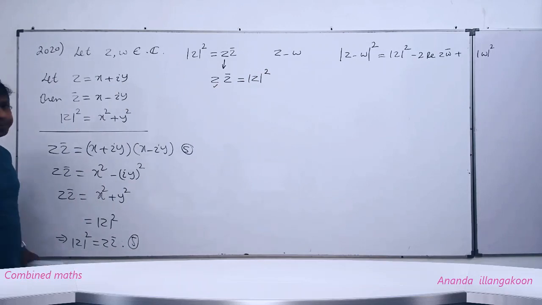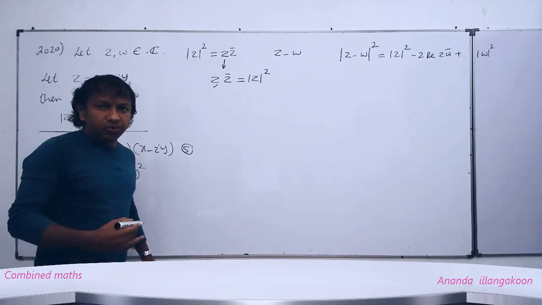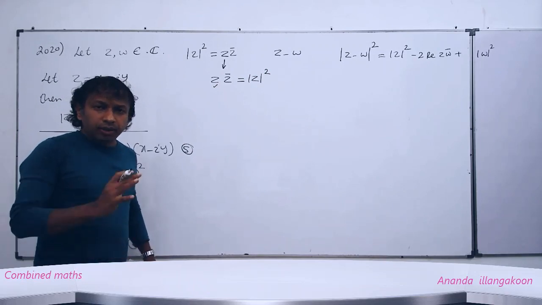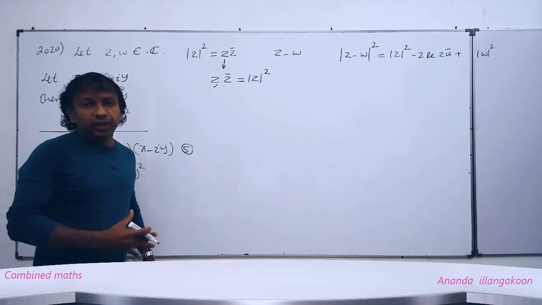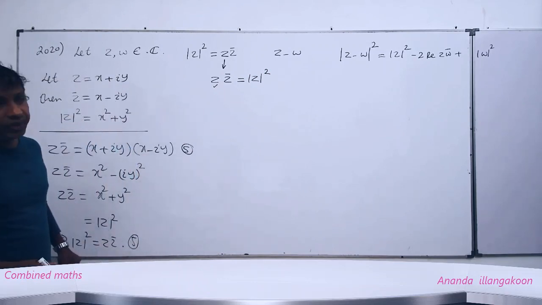That's what we get. So in order to get the perfect square of the modulus of a complex number, the complex number should be multiplied by its conjugate. Then that product will give the perfect square of the modulus of that complex number.